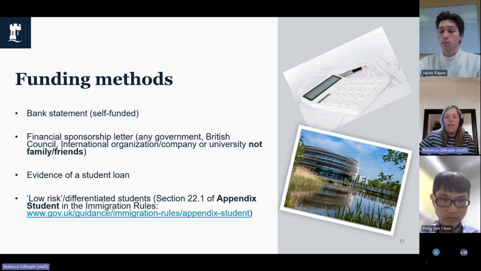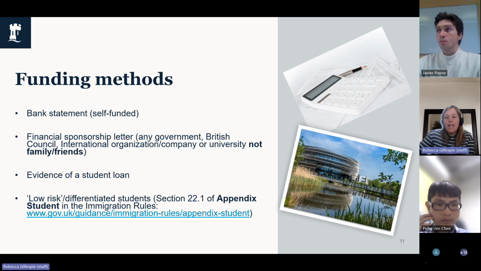So here we have listed the main funding methods that can be used for a student visa application. Firstly, self-funded students. They're likely to be relying on bank statements. This should be a personal bank account, not a business account.